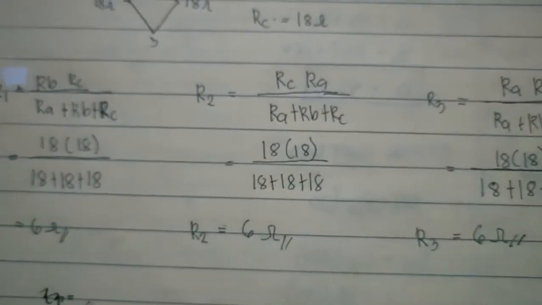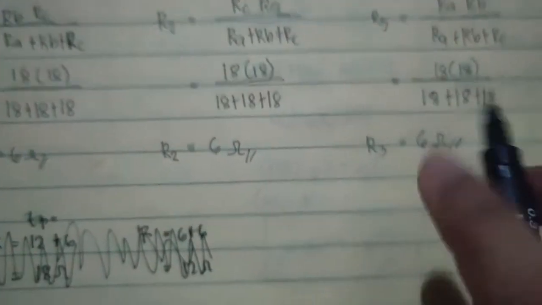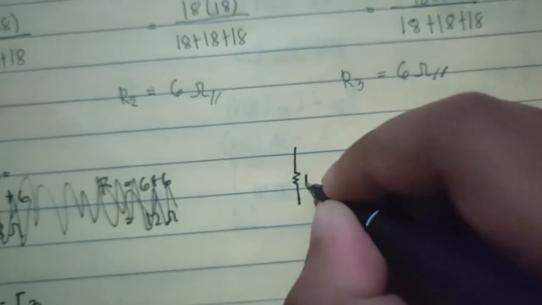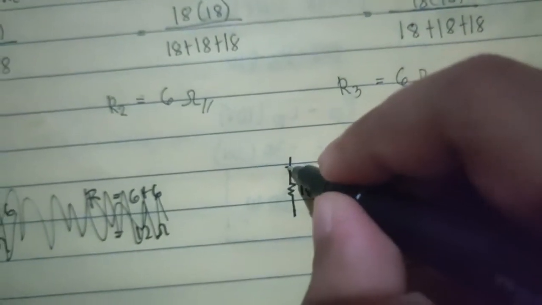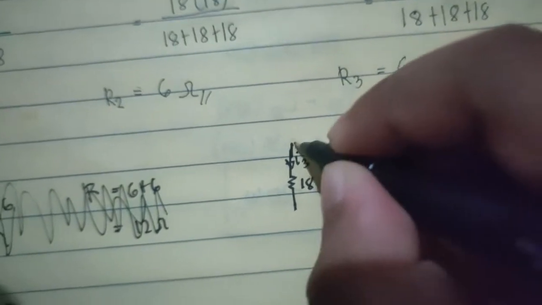So after getting the 3 ohms rather, we will redraw our circuit. So this is our 18 ohms, and the I3 is flowing here.